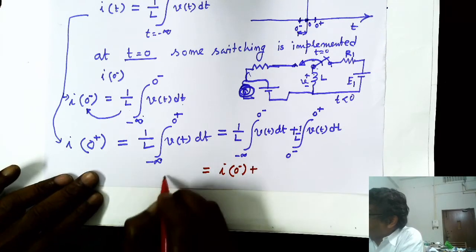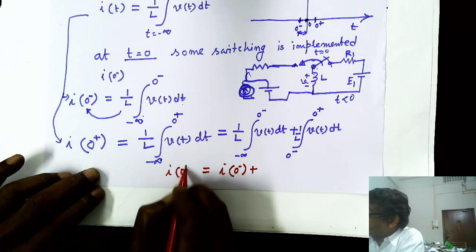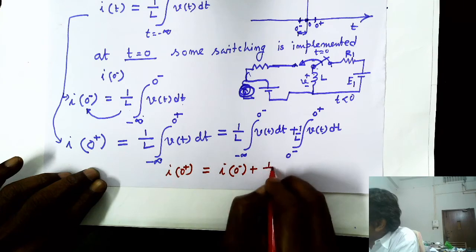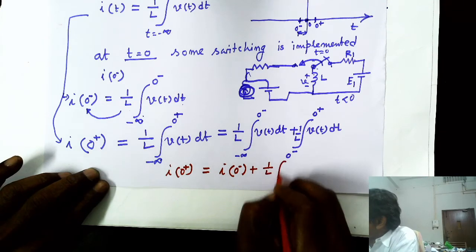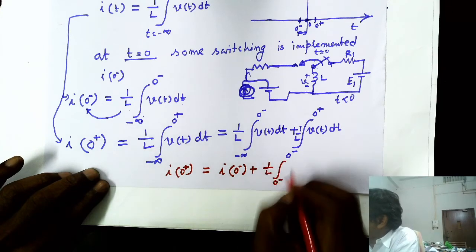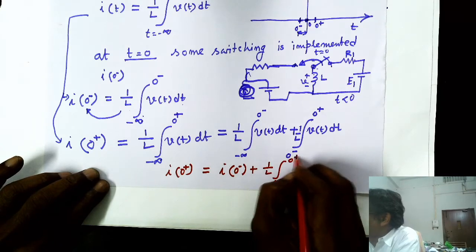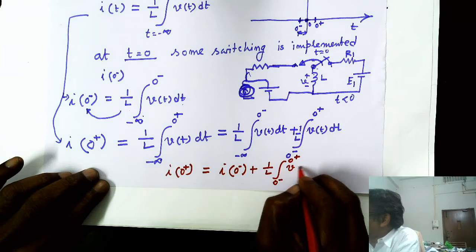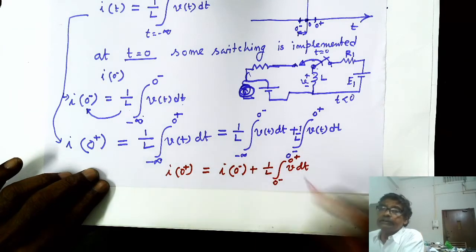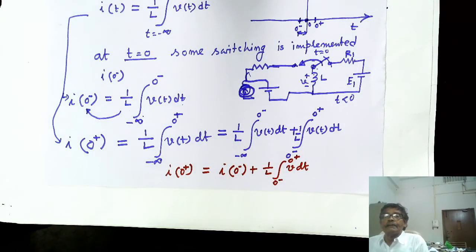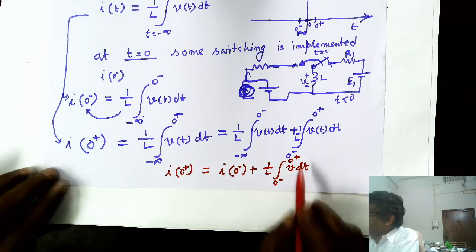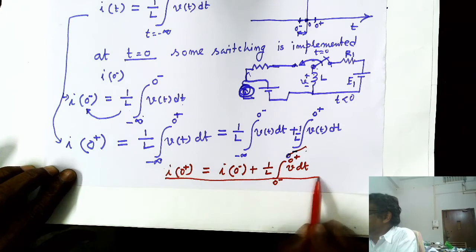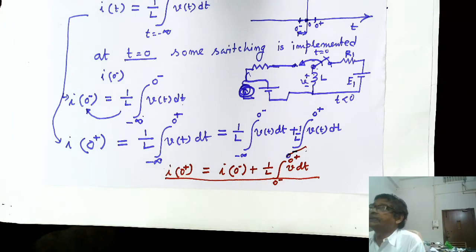So i(0 plus) will be equal to i(0 minus) plus 1 by L times the integration between 0 minus and 0 plus of v(t) dt, function of time. You understand. So this is the integration, whatever you will get.